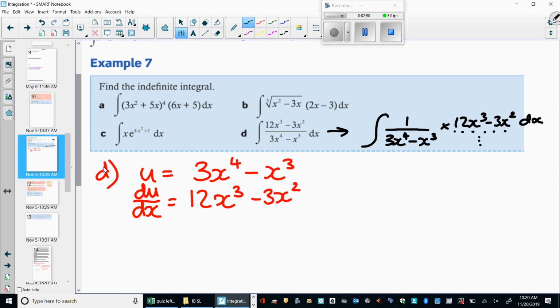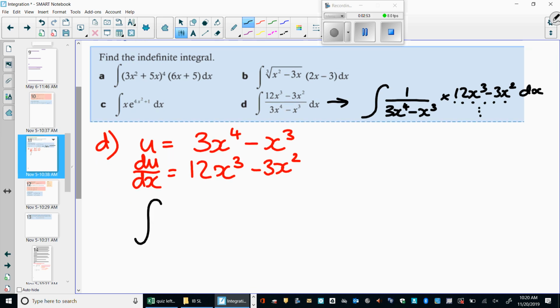Okay, so then our question is now going to become the integral of 1 over u, because that was our u, and then this was our du dx, and this is our dx.